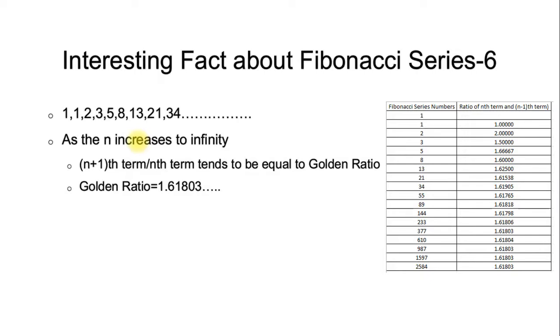What does that mean? The (n plus 1)th term divided by the nth term tends to be equal to the golden ratio as n increases to infinity.